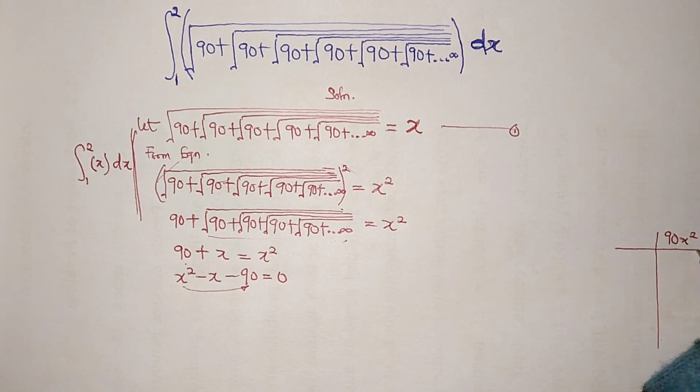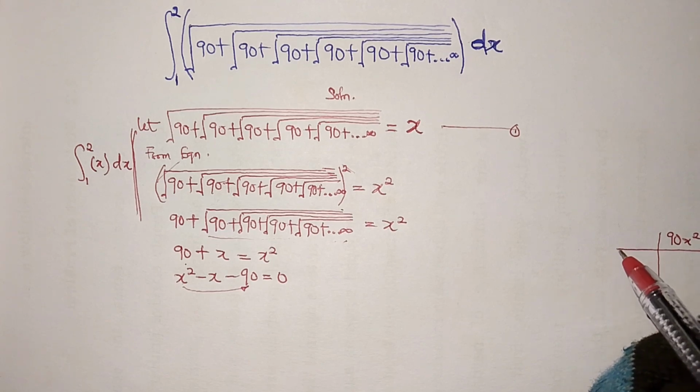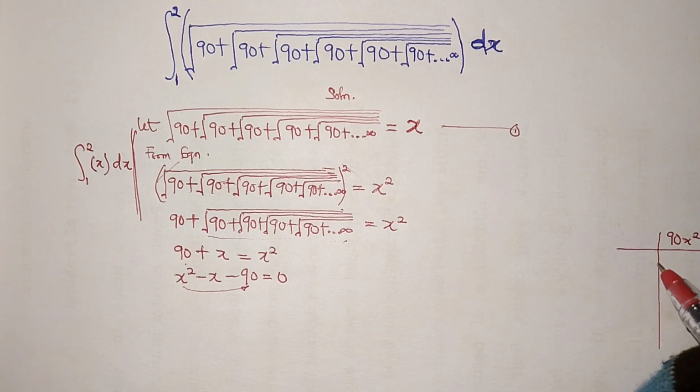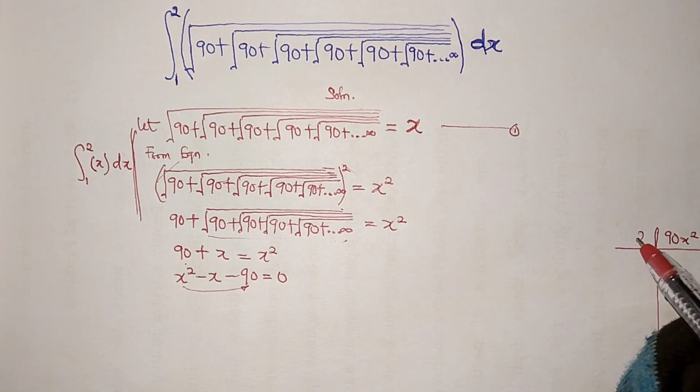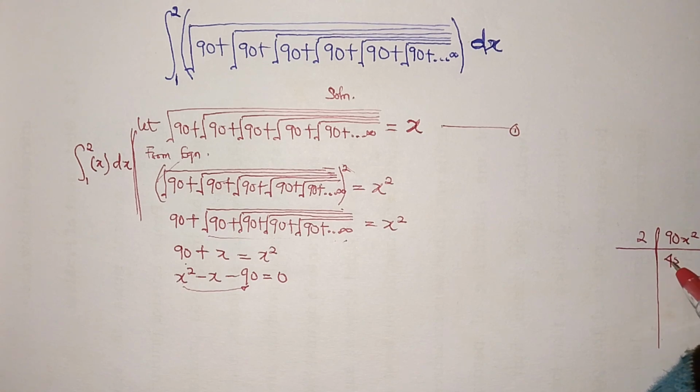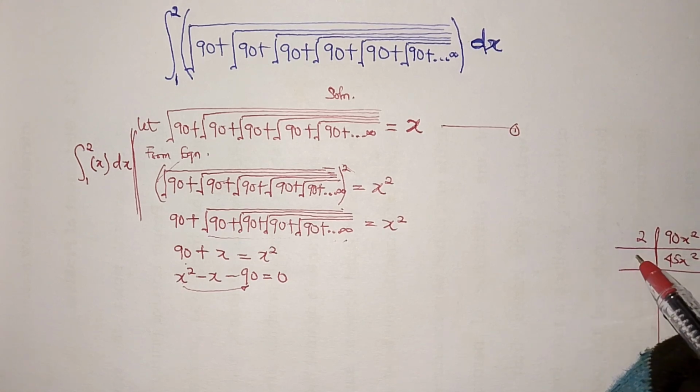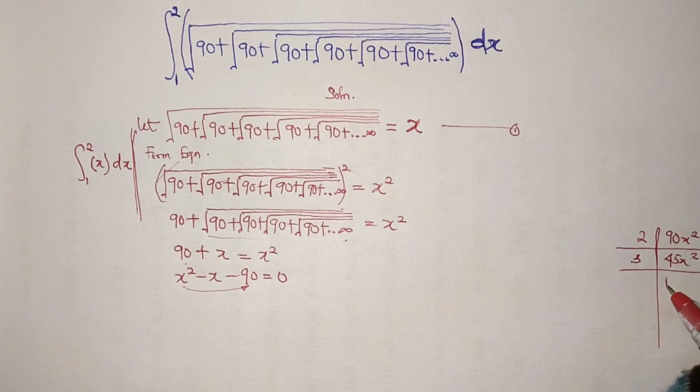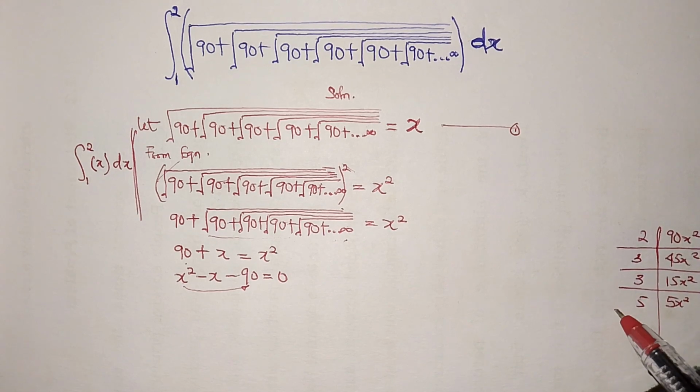So we take the factors: 2 is a factor, and we have 45x squared, and 3 is a factor, and we will be left with 15x squared, and 3 is another factor, as well as 5.